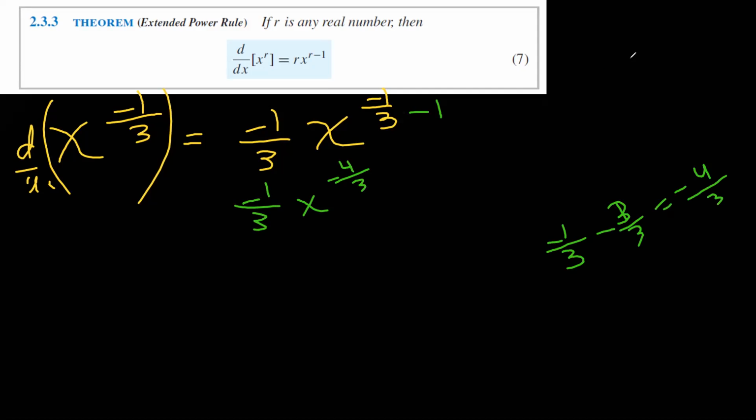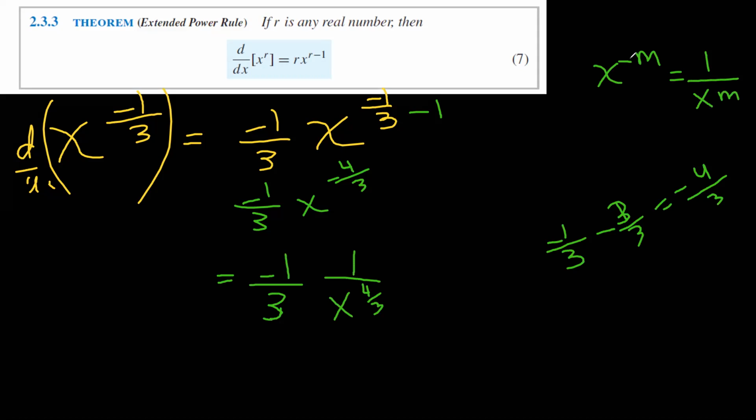Then, as I told you, if you have x raised to a negative power, you can write it as 1 over x raised to the power 4 over 3. Because x raised to the power -m is 1 over x raised to the power m.